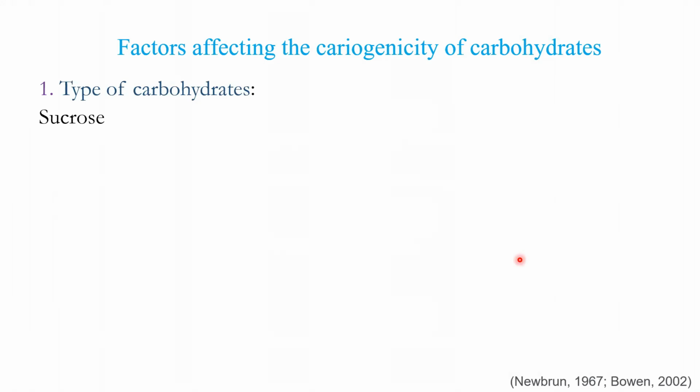So glucan is what is responsible for attachment of the bacteria to the tooth surface, and dextran is the intracellular polysaccharide which the bacteria is going to rely on whenever there is a low sucrose diet. So it is the sucrose which helps the bacteria to produce both the dextran and glucan and eventually cause caries.